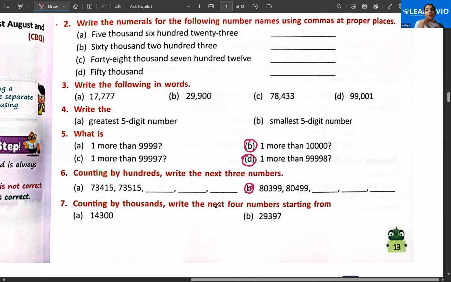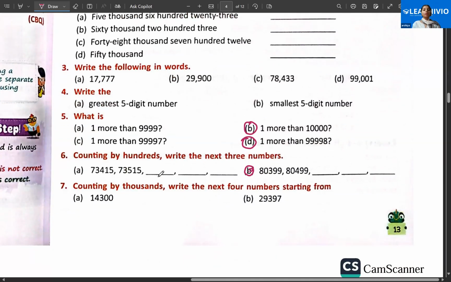Yes, very good. 99,999 minus one is 99,998. Correct. You're talking about this one, right? So 9,998. Okay, correct.